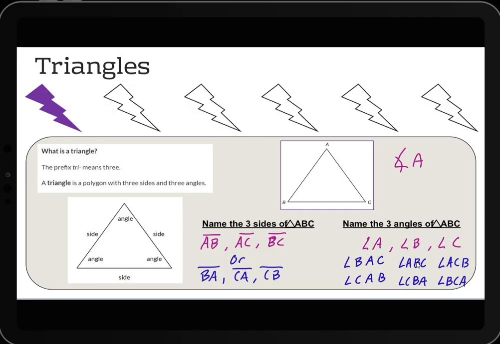That one requires using all three letters, but what I should point out is that the actual location of the angle is the middle letter, the middle vertex. That always reveals the actual angle that you are naming. I just flip-flopped the other two letters, and I still was able to name the angles.